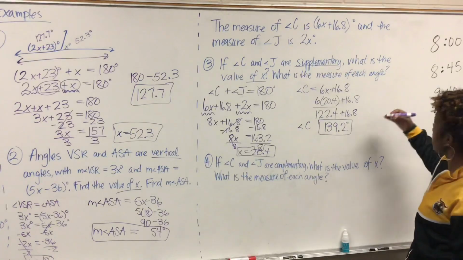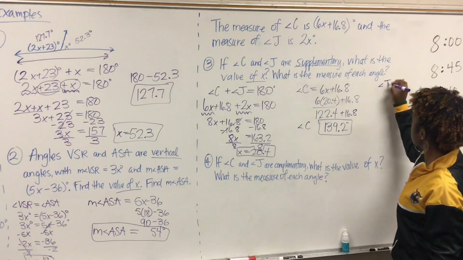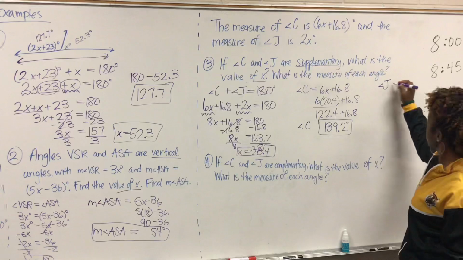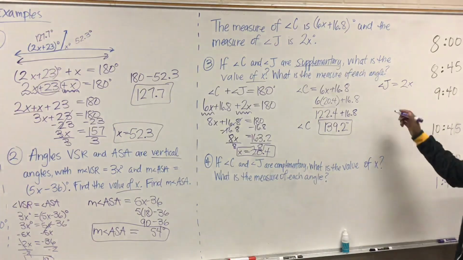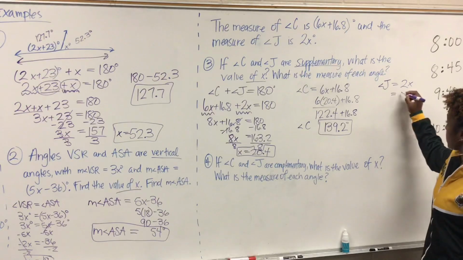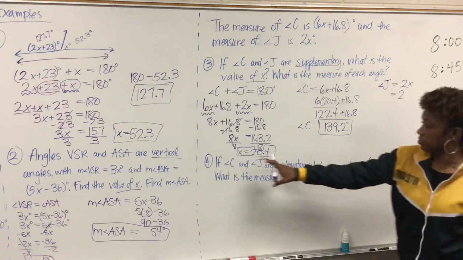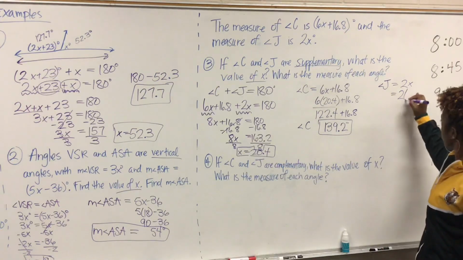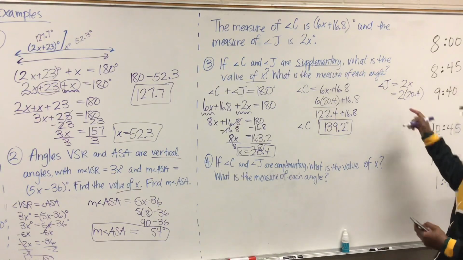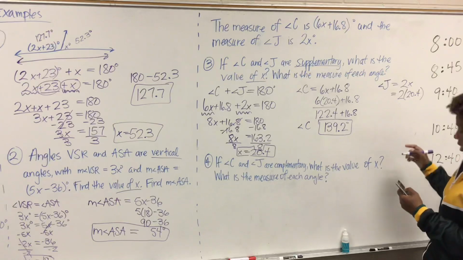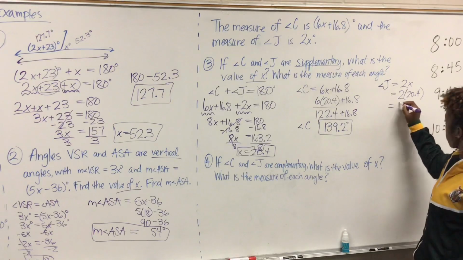But just for the purposes of knowing how to sub in your answer, we're going to do both angles. Angle J equals 2x. Instead of x, I put my answer, 20.4. I multiply 2 times 20.4, and I get 40.8.